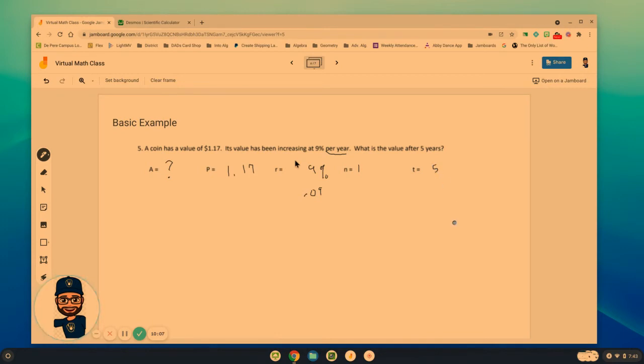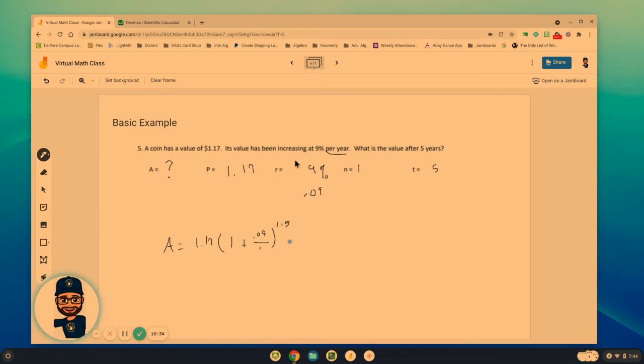After 5. So if we use our formula, A equals P, which is $1.17 for its principal, times 1 plus the rate, which was 0.09, over N to the power of N times T, 5 or 1 times 5, which is 5.